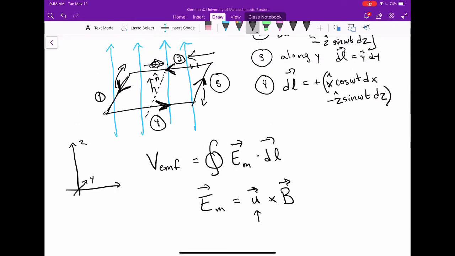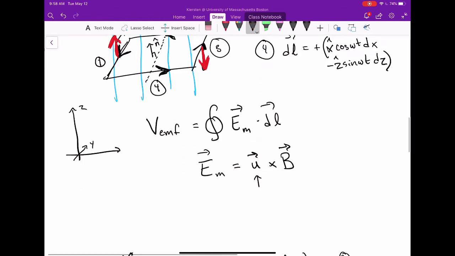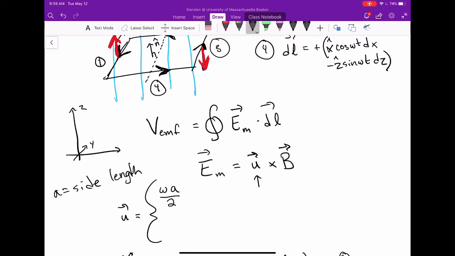Sides 1 and 3, that's an easy thing. I'm going to draw it in red so you can see. It is parallel or anti-parallel to the surface normal vector, and it has magnitude u equal to, on side 1, omega a over 2, where a is the side length of that square, times n hat of t.